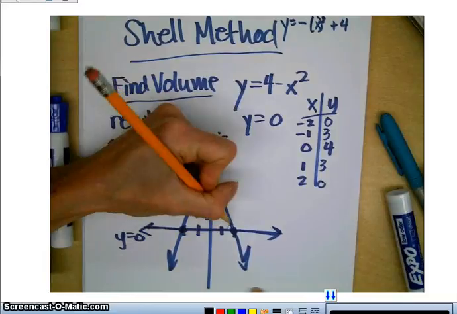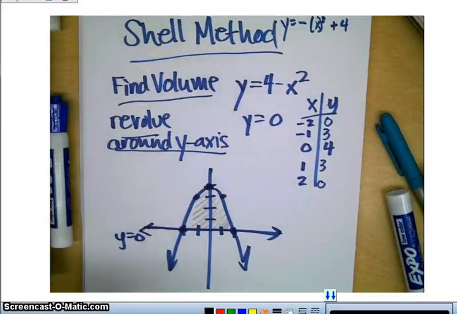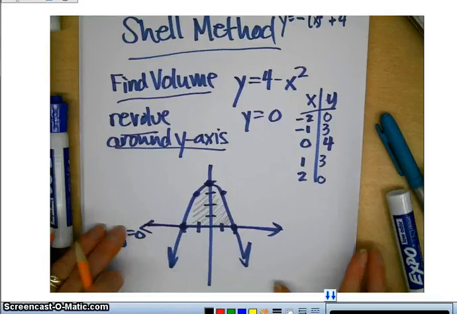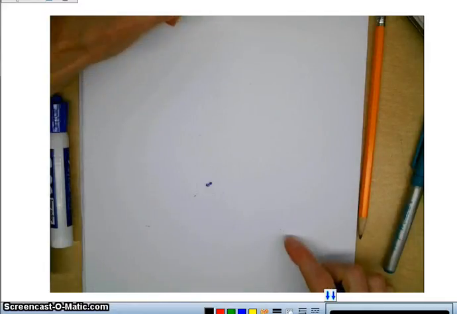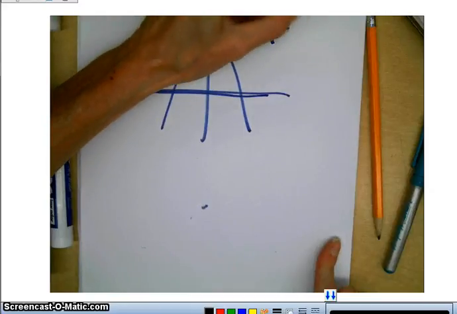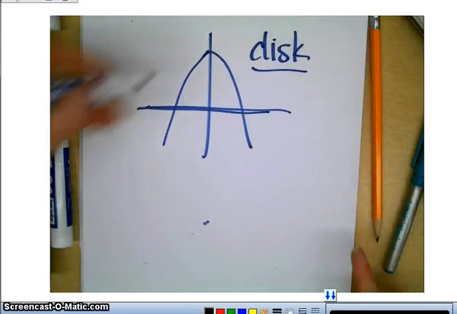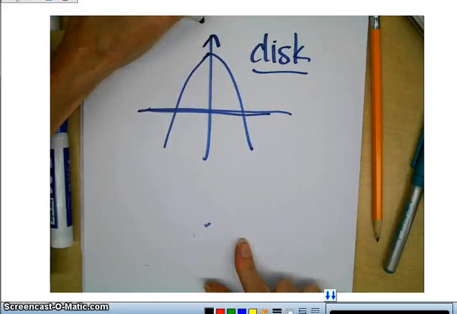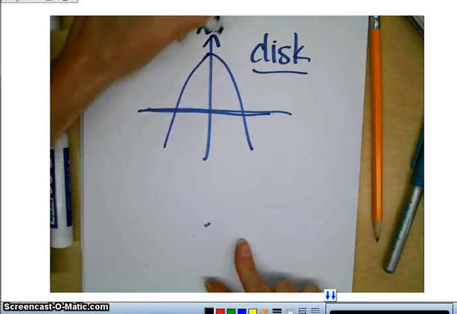Now, here's where it gets different for finding the volume using the shell method. The idea of the shell method is basically whatever axis you're going to revolve it around, you deal with the opposite variable. Because instead of taking disks, what we did before in the disk method, I'm going to move this, and I'm going to sketch similar. If we were finding the volume of this using the disk method, revolving around the y-axis, this is my axis of revolution.